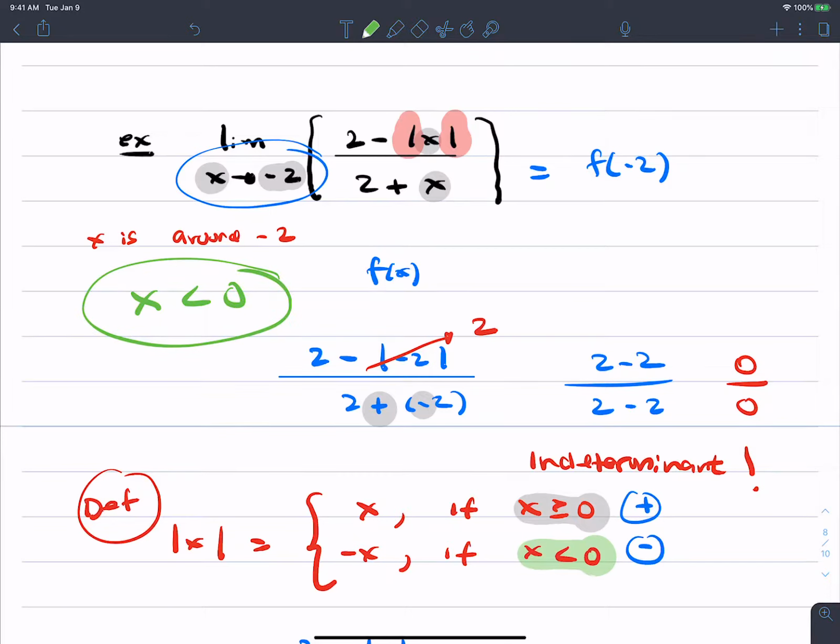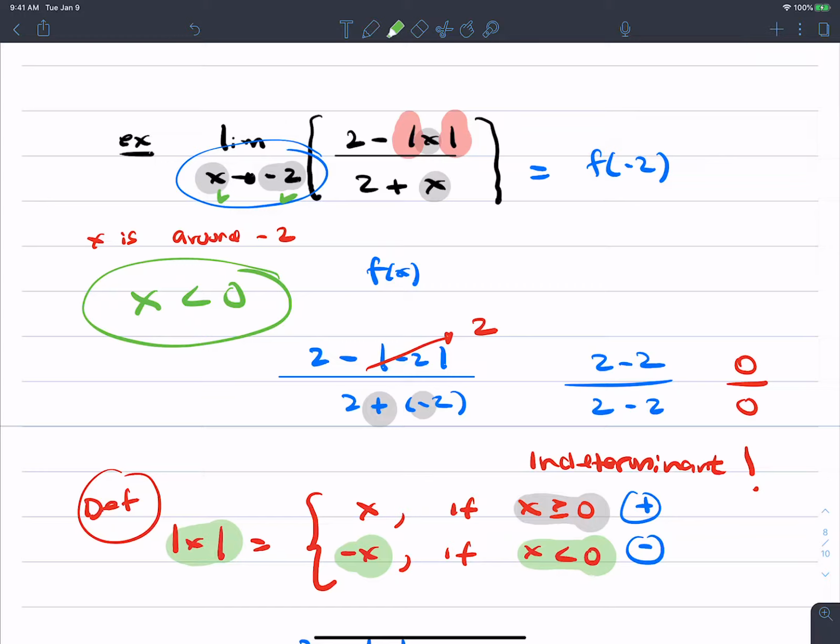Because as you approach negative 2 from both the left side and the right side, you get closer and closer to negative 2. That means you're negative as an x value. And you say, well, what do I do then? You're going to use then negative x for the absolute value.